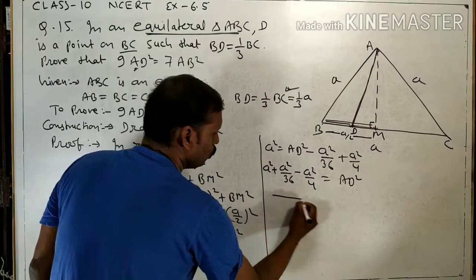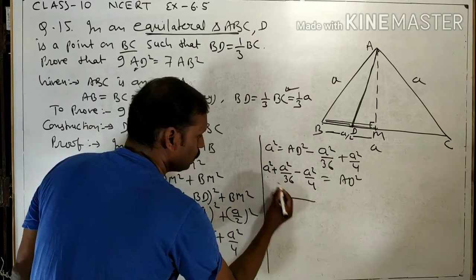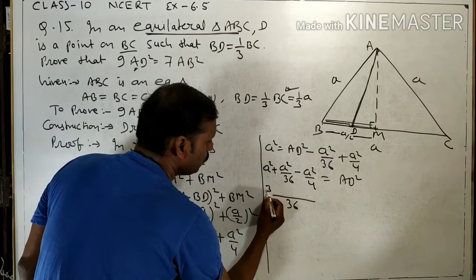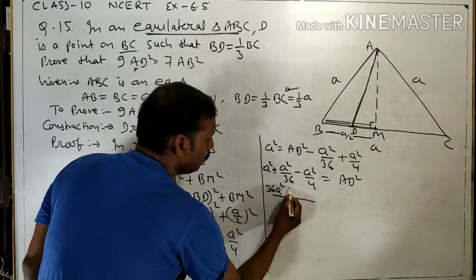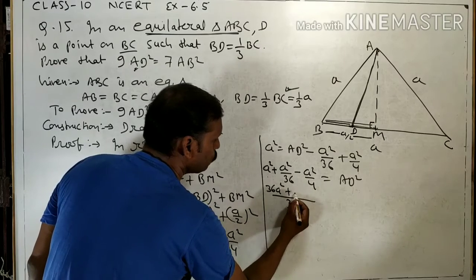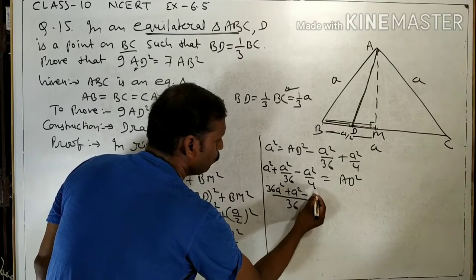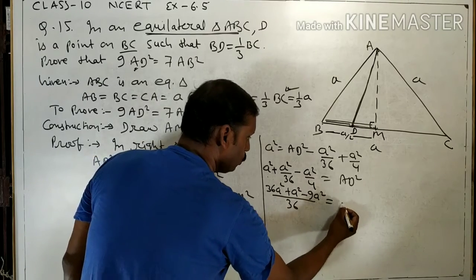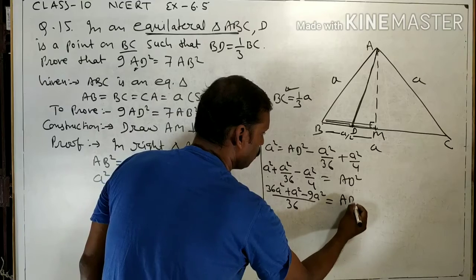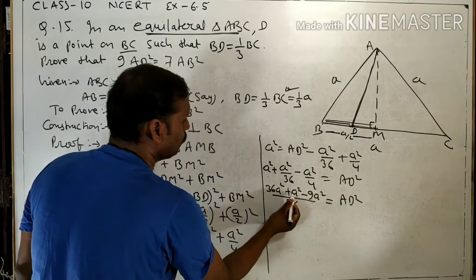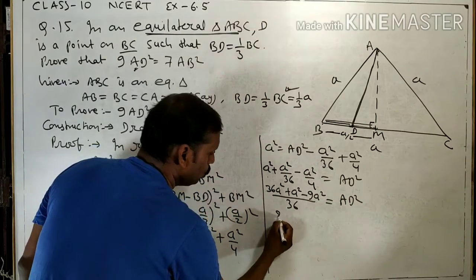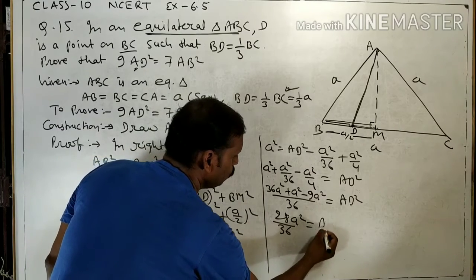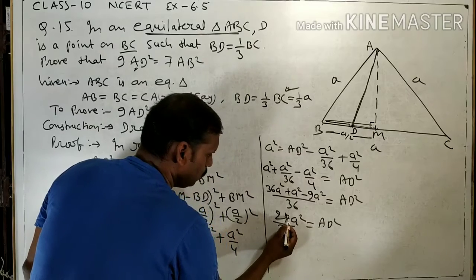So solve it. LCM of 36, 4 and 1 is 36. So 36 A square plus A square minus 9 A square by 36 equal to AD square. 36 and 1 is 37, 37 minus 9 is 28, so 28 A square by 36 equal to AD square.